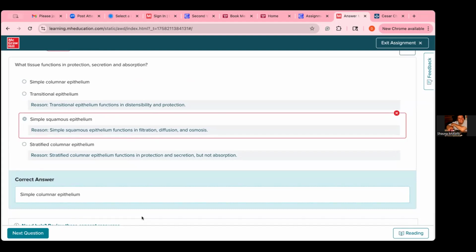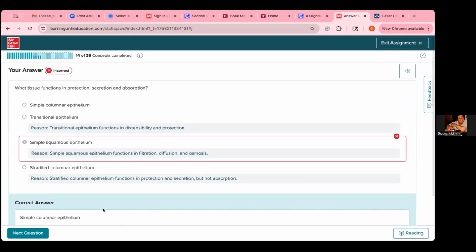Transitional. Okay, I knew it wasn't transitional. It does protection and secretion, but not absorption. Wait, so the question says protection, secretion, and absorption.